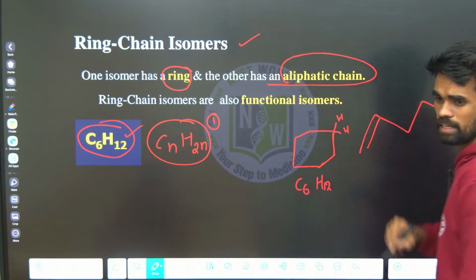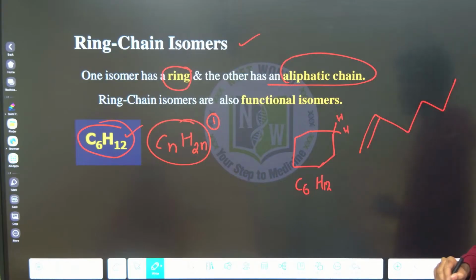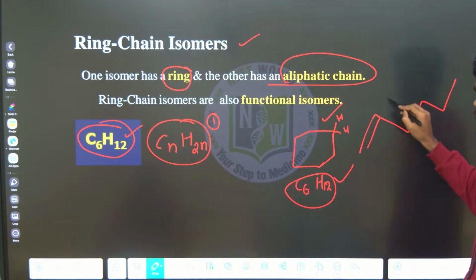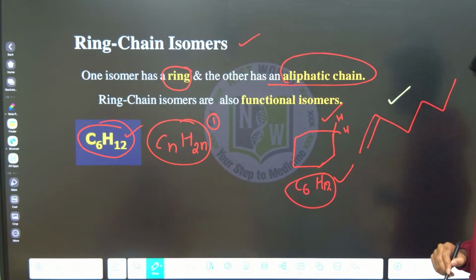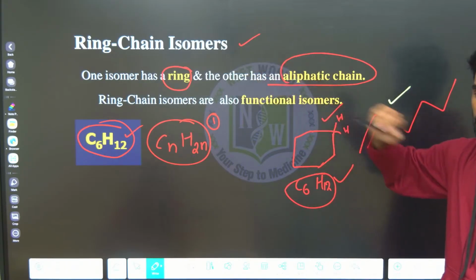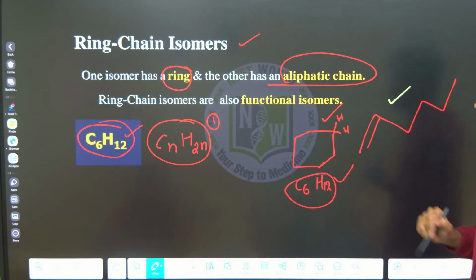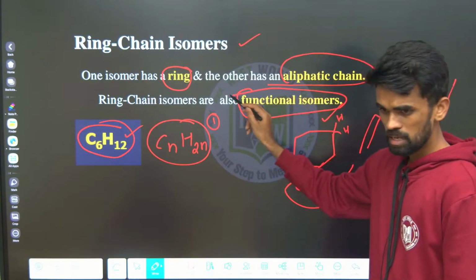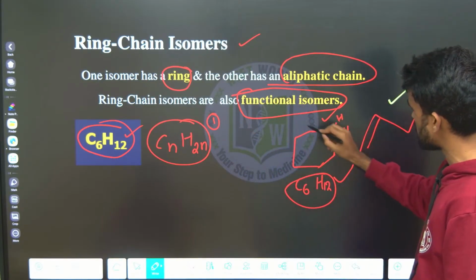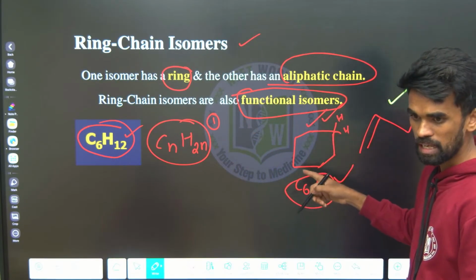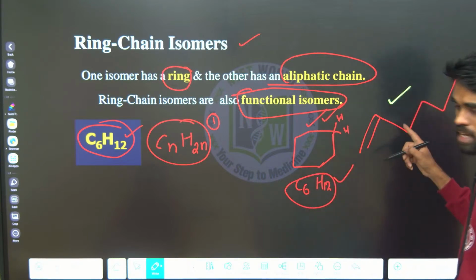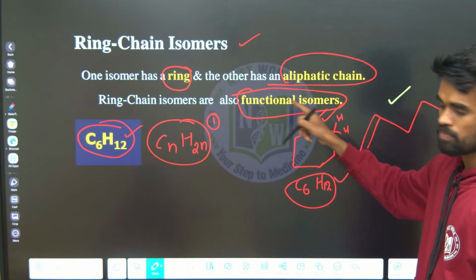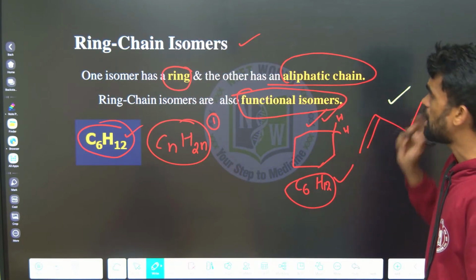Or I can write an open chain something like this. It has the same formula. So one is a closed ring and one is an open chain, so they are considered ring chain isomers. Ring chain isomers are also functional group isomers, because one is a cycloalkane and the other is a normal alkene.